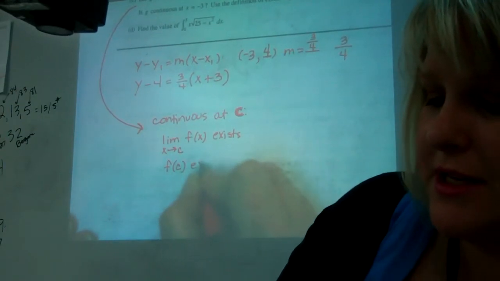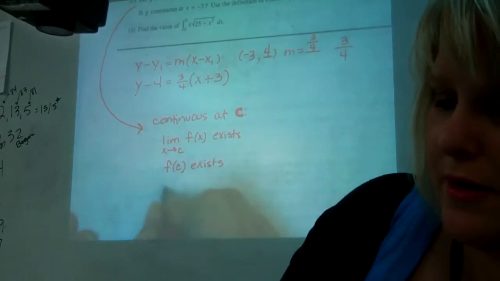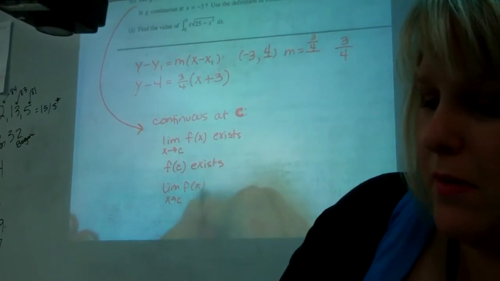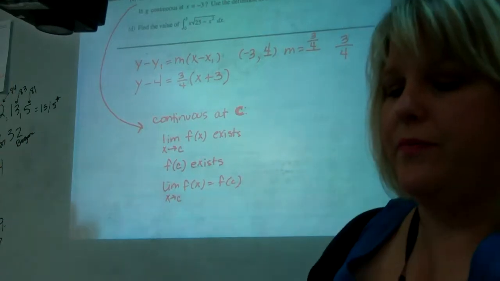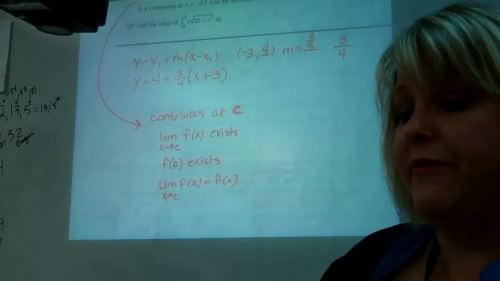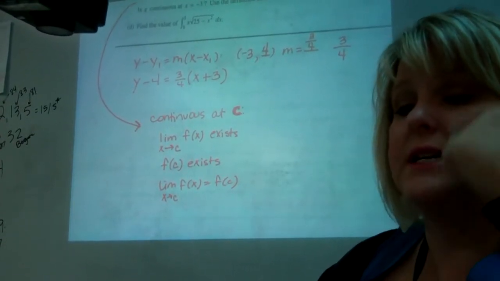The function has to exist there, and those two things have to be equal. So there has to be a limit, there has to be a function value there, and those two things have to match.